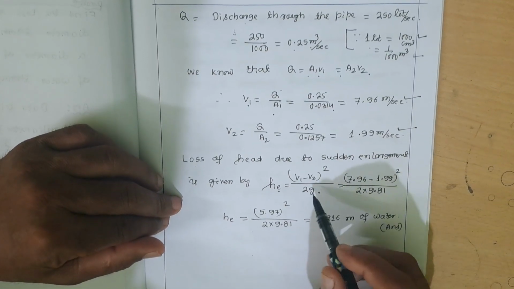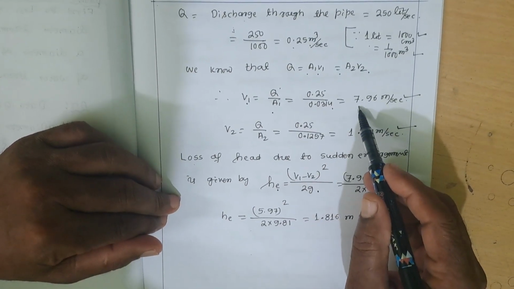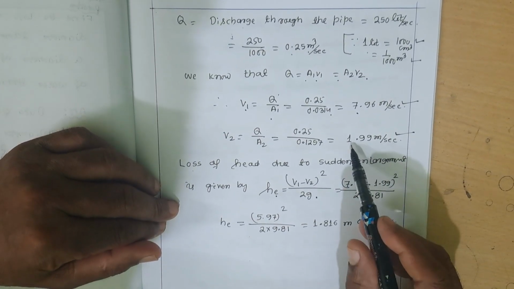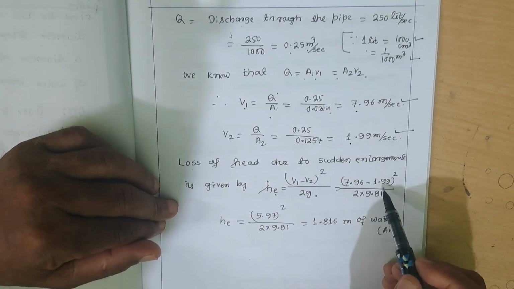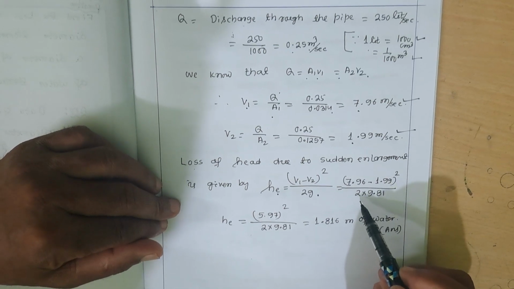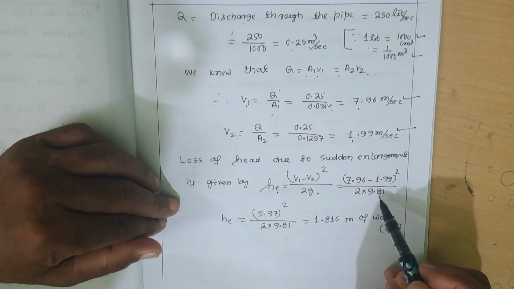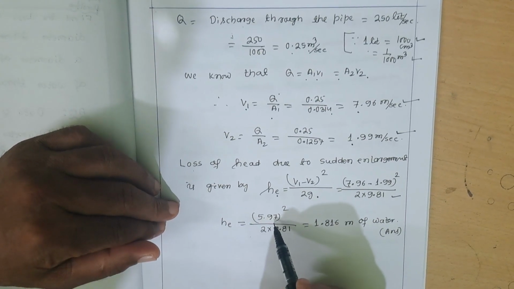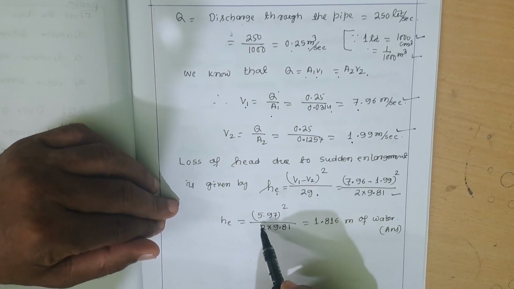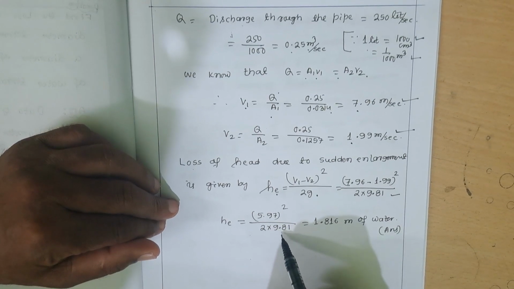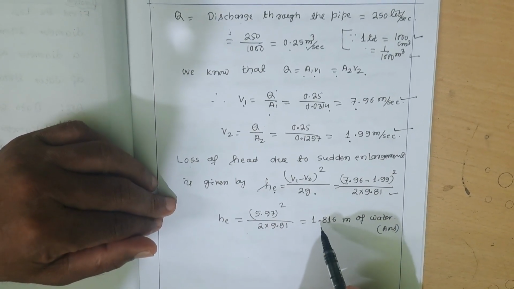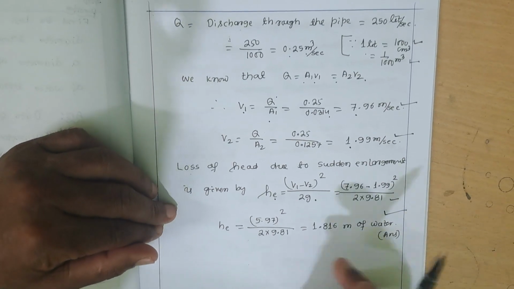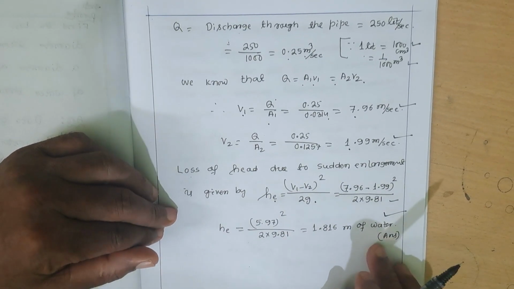Putting all the values, we have V1 is equal to 7.96, V2 is equal to 1.99, so (7.96 minus 1.99) square divided by 2 into 9.81, is equal to 5.97 square divided by 2 into 9.81, is equal to 1.816 meter of water. This is the required answer.